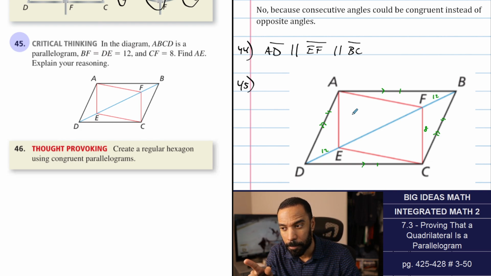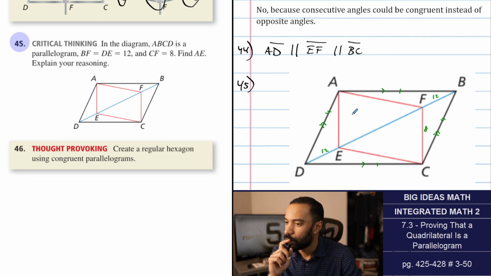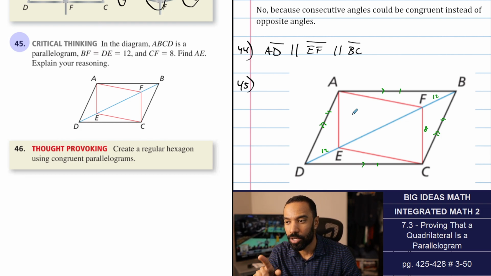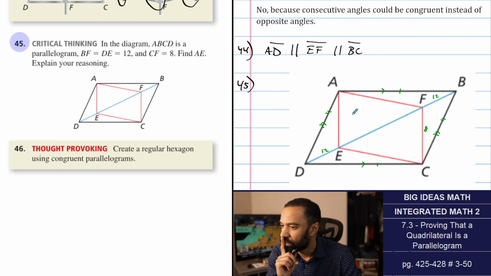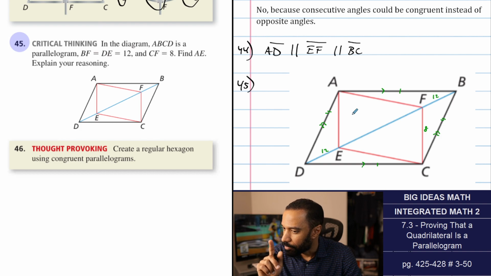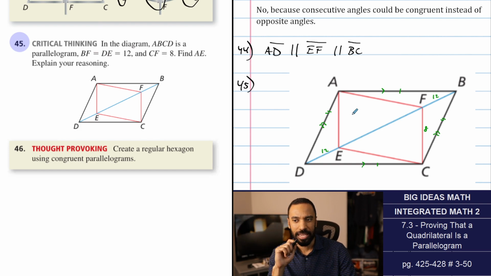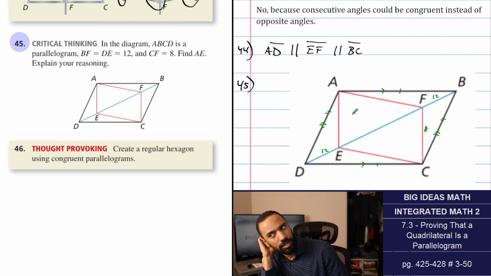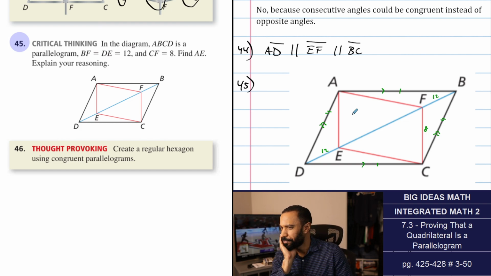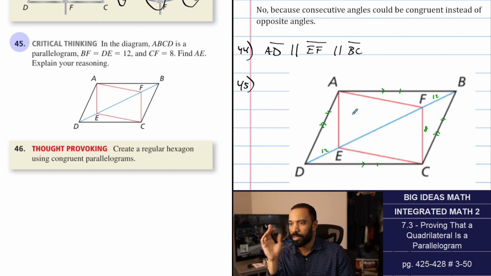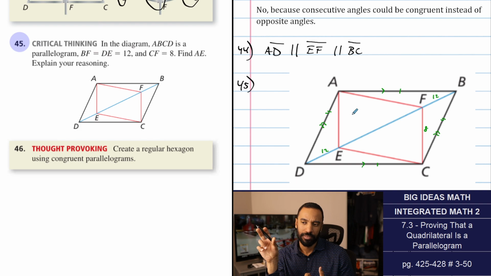Well, we can say this. Oh, we couldn't say that. Oh, we could. I have a side, but I don't know AE yet. There's something in here that should force me to say that because those are both 12.